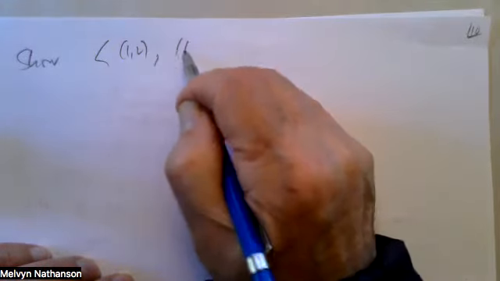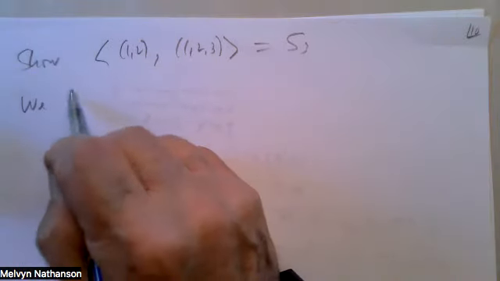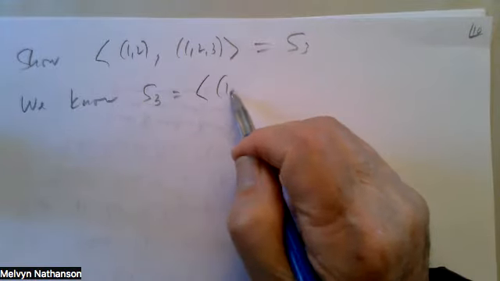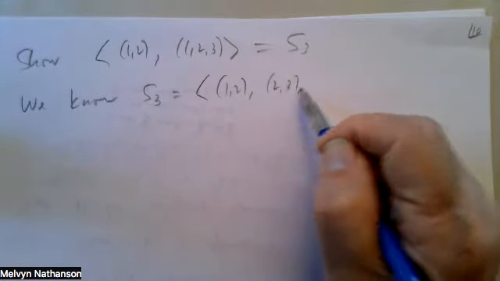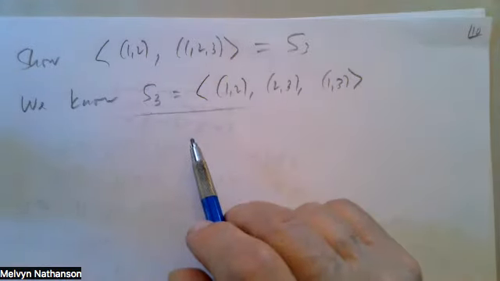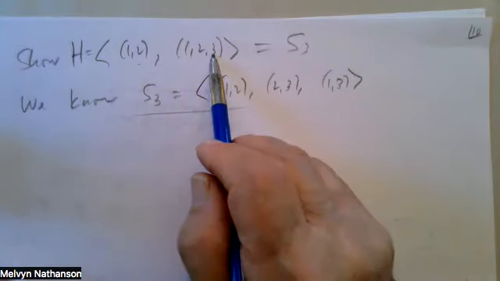So again, we want to show the subgroup generated by (1 2) and (1 2 3) is all of S3. So for example, we know S3 is generated by all the transpositions (1 2), (2 3), and (1 3). So let's say that H is the subgroup generated by these two permutations.